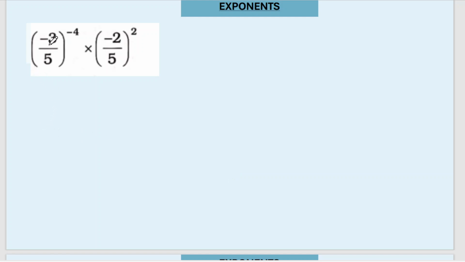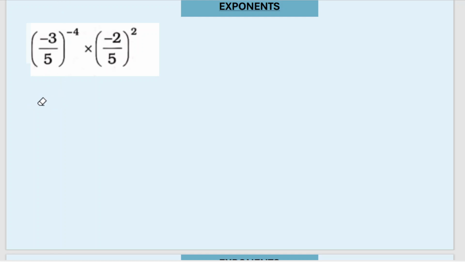So again, (minus 3 by 5) to the power minus 4 into (minus 2 by 5) to the power 2. How can you write this? (Minus 3 by 5) to the power minus 4.